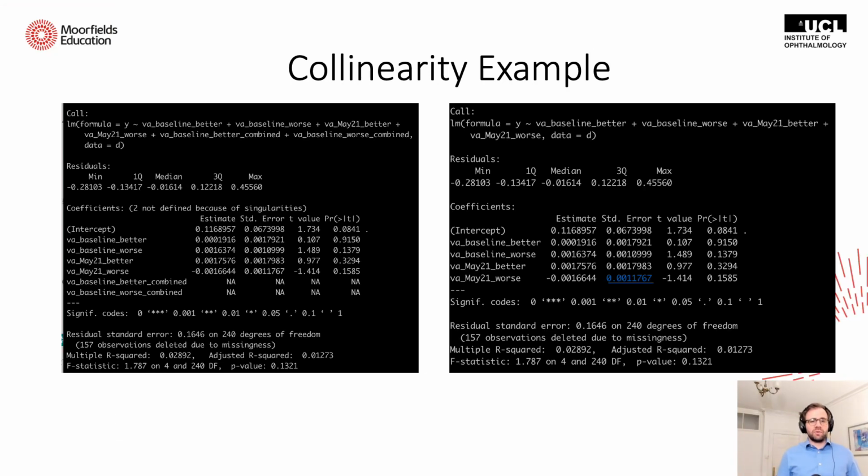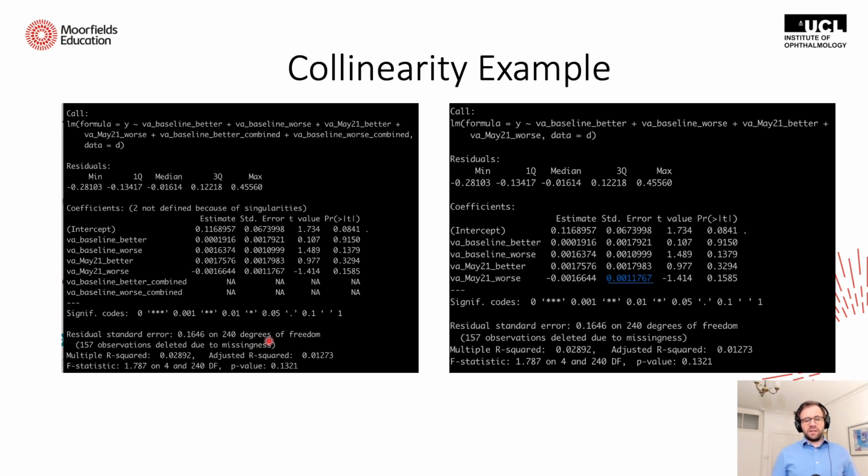So this is what happens when you put them in the model. I've put them in R and done the linear regression. I've added all these variables in the model here, and as you can see, it can't even estimate the parameters. So that's basically showing you why you can't have completely collinear variables.